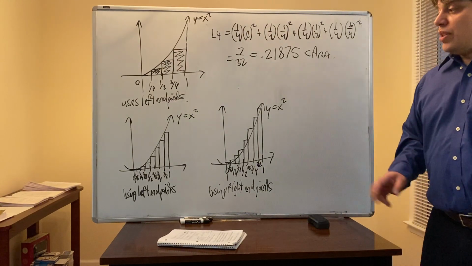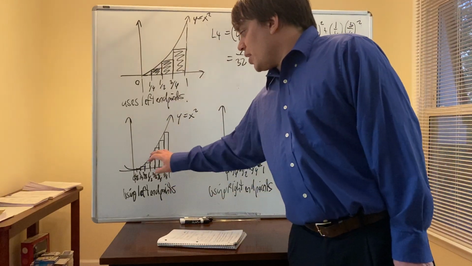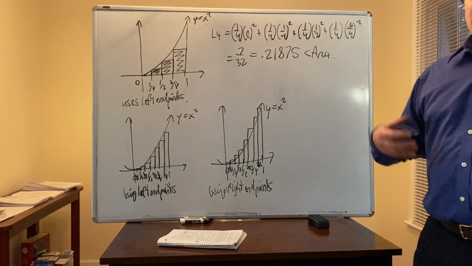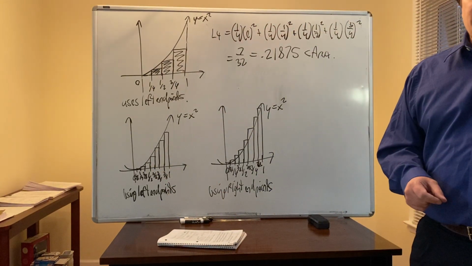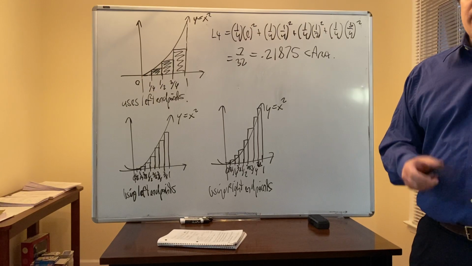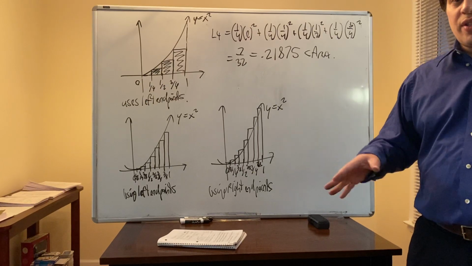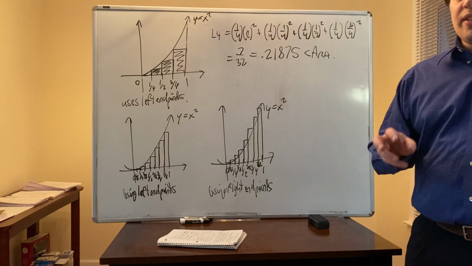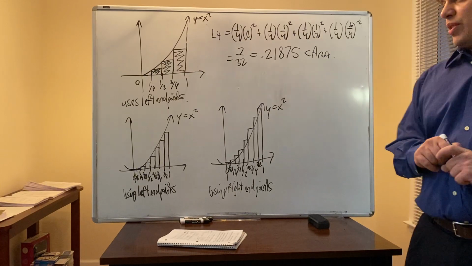Okay? So in general, what will usually happen is that using more rectangles will result in a better approximation of area. Now that's not necessarily true. Just using more rectangles doesn't necessarily mean your approximation is better.